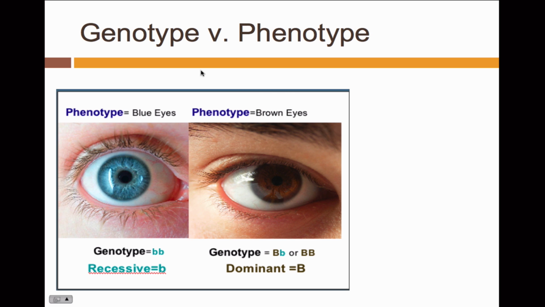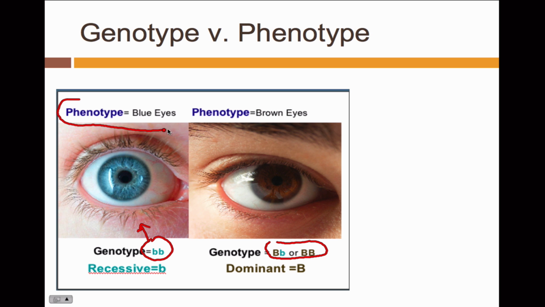Now let's talk about genotype and phenotype. The genotype is just the letter combinations. Here the genotype for blue eyes is going to be lowercase b, and that's going to indicate blue eyes. The genotype for brown eyes could be capital B, lowercase b, or it could be capital B, capital B, but the genotype is the letter combinations.